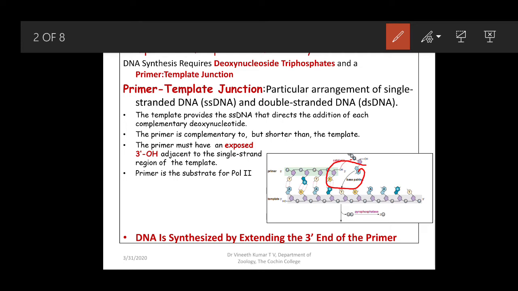The primer must have an exposed 3' hydroxyl group adjacent to the single-stranded region of the template, and the primer is the substrate for DNA Pol 3. So DNA is synthesized by extending the 3' end of the primer.